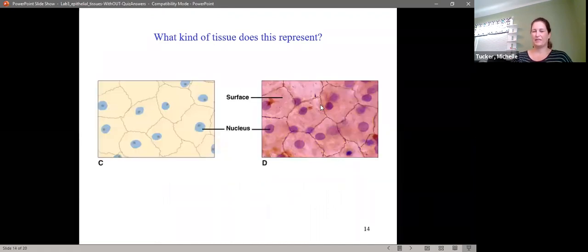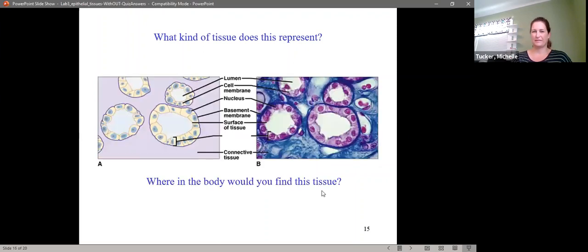This is looking from the surface. So going on to this one, this is the basement membrane. We have another single layer, and these cells are in a different shape. So we now have simple cuboidal.